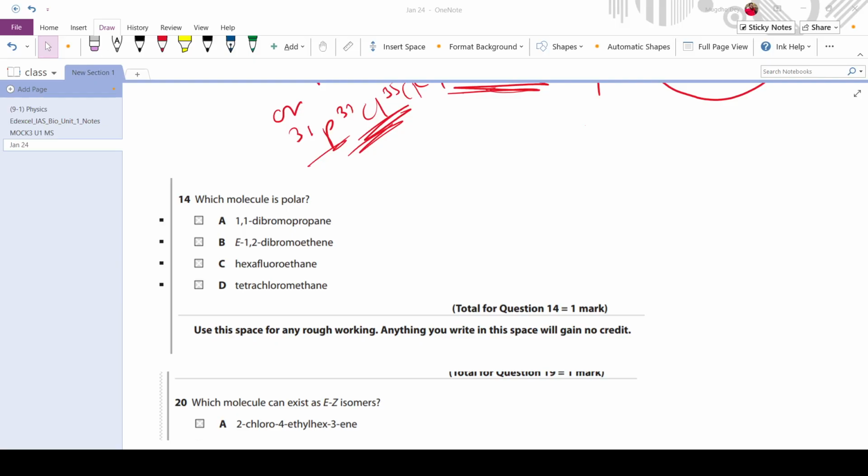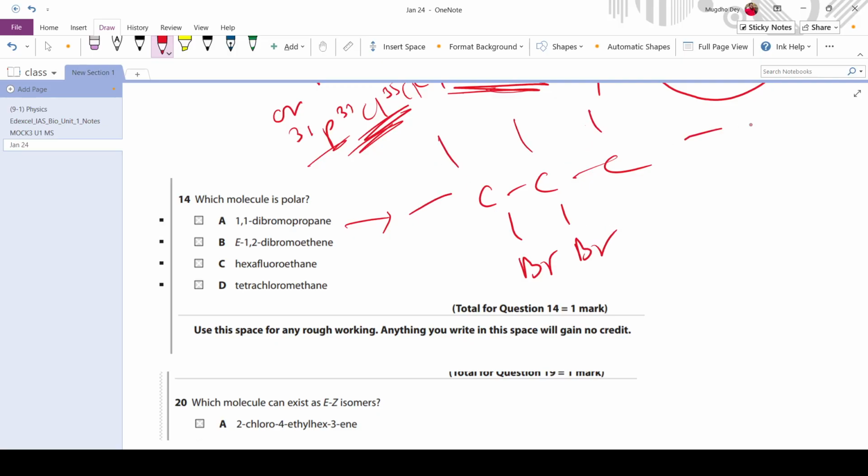If it's not symmetrical, the dipoles are not cancelled. So 1,1-dibromopropane. And then you have E-1,2-dibromoethene.